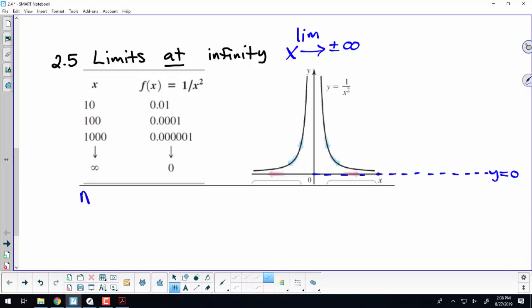So we'll just write as x approaches positive or negative infinity. It's not always the case, but really we're saying that as this happens, what does f of x or y approach?